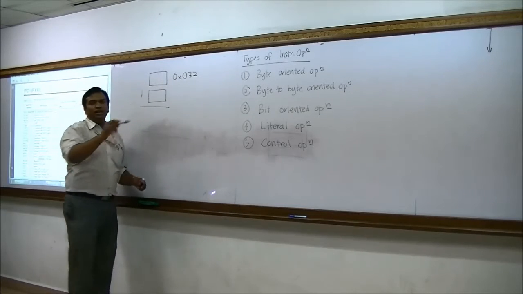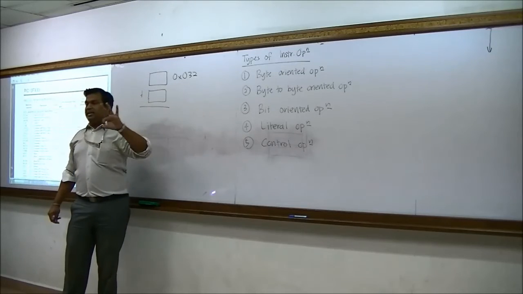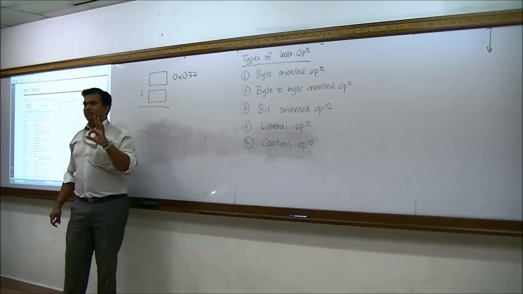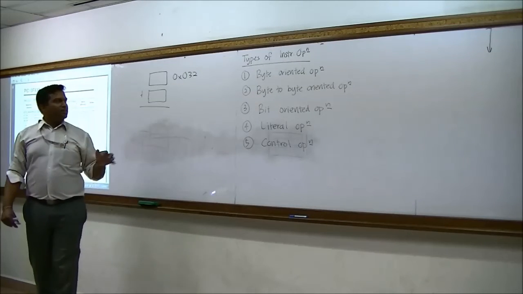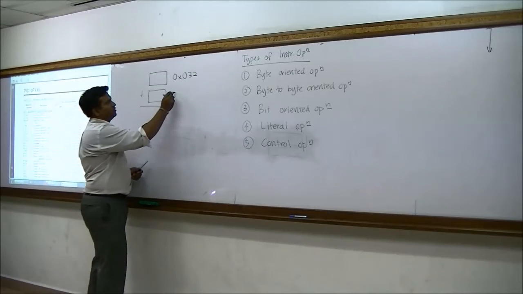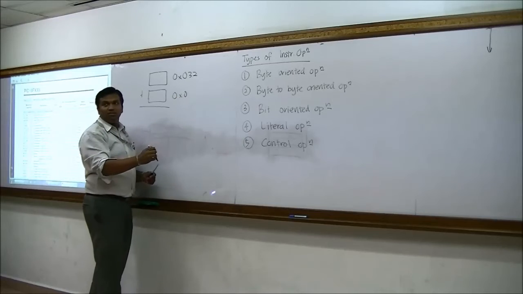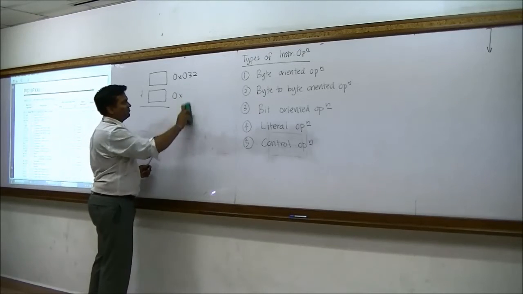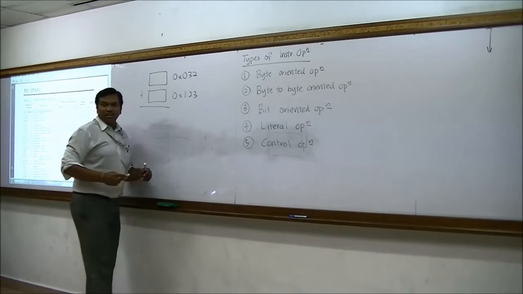The address of any data memory location must be a 3 hex digit address, right? The first 12 bits. Can you give another address here? 0x123. Okay, two addresses.